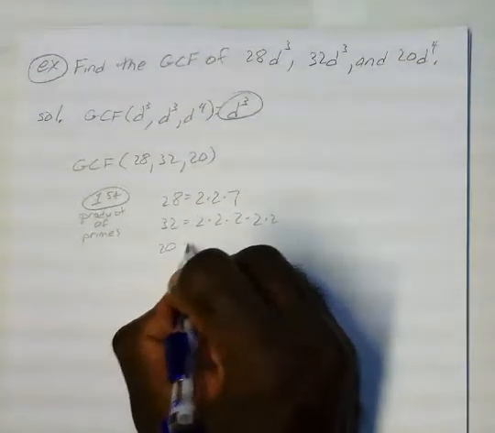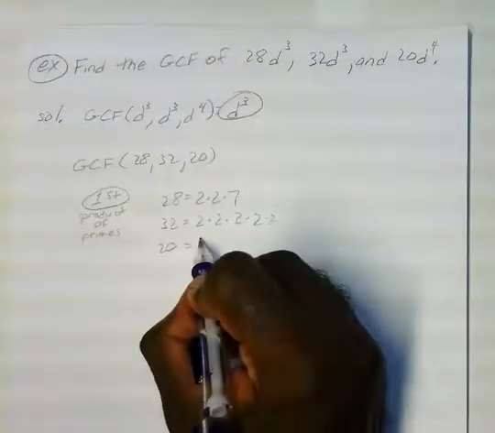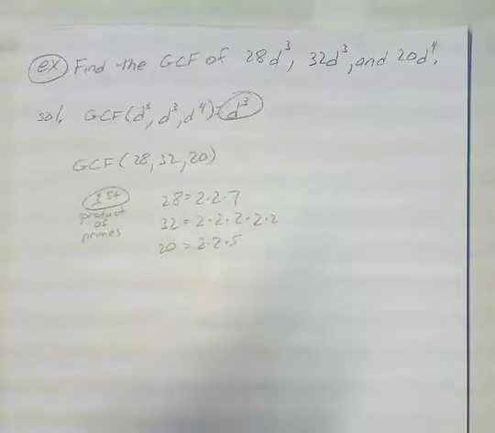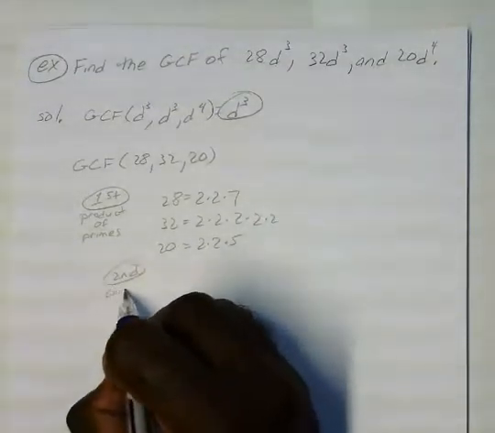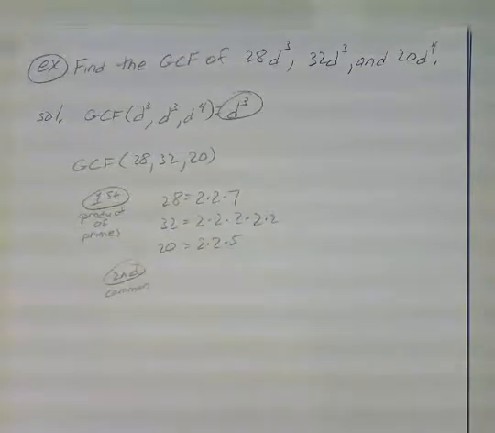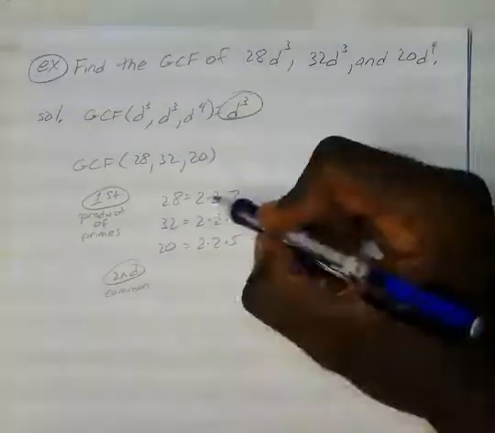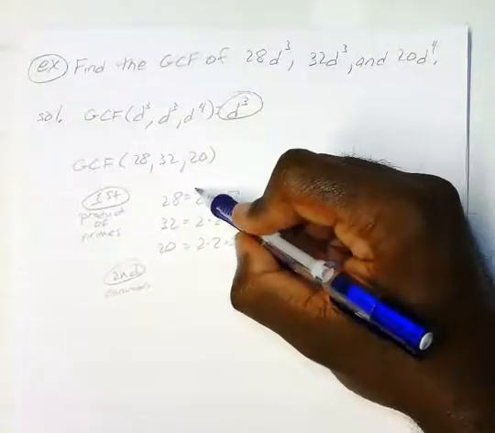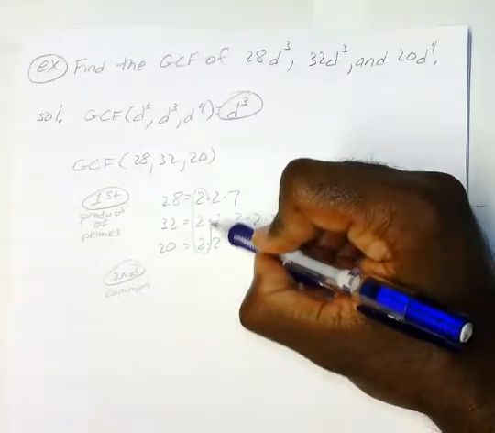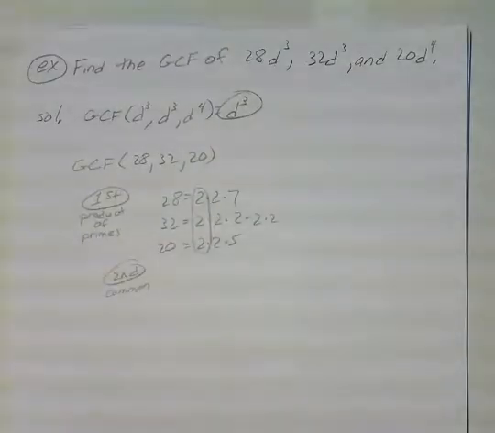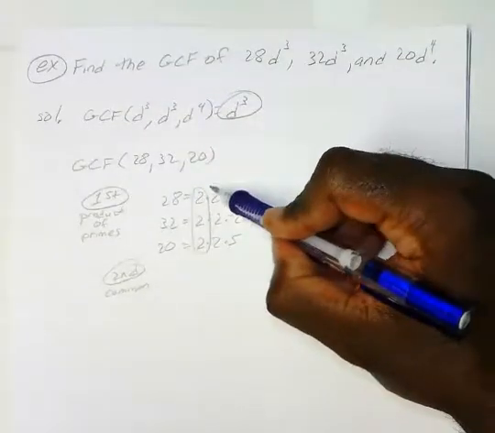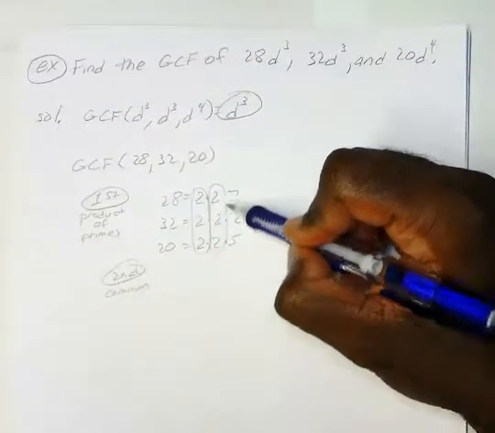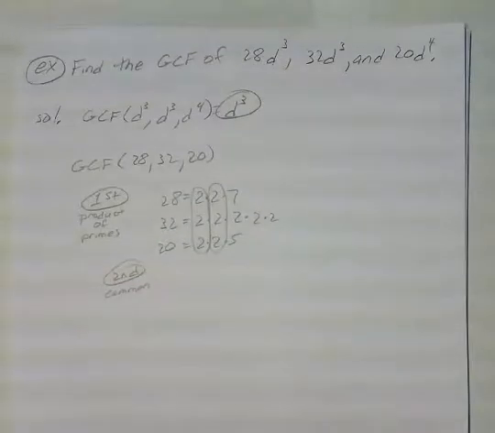And we know that 20 is equal to 2 times 2 times 5. Okay, so your second step, we have to find the common factors. Not 2 times 2, but 2 is your common factor.